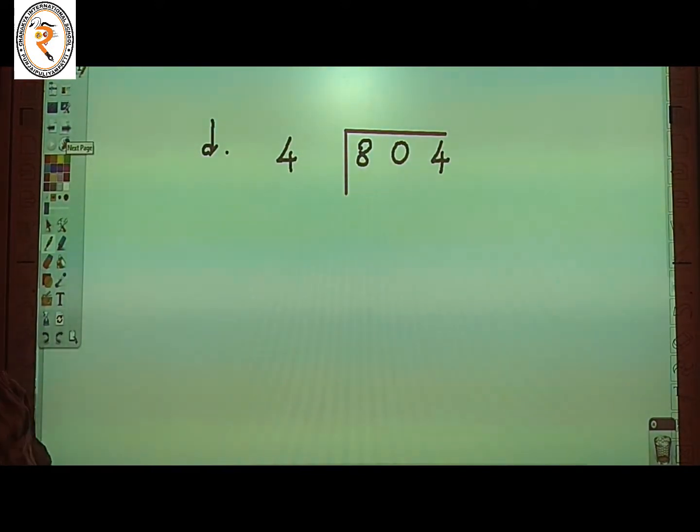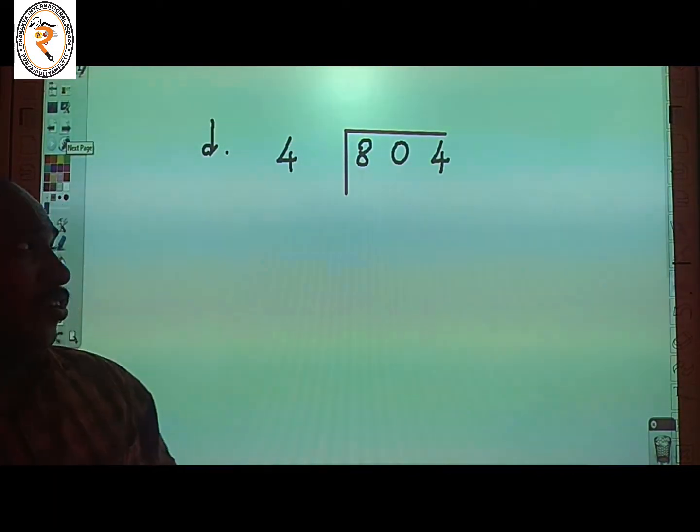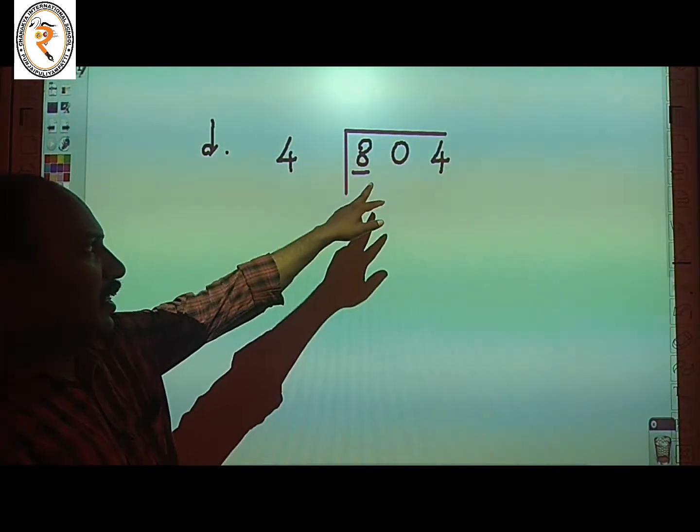Next, D part, 804 divided by 4. Here we have 8, 8 divided by 4.